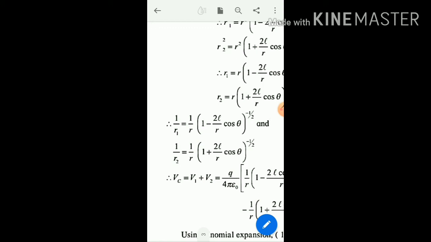The minus sign arises from taking the reciprocal of R1 and R2. In this way, we find the value of 1 upon R2 equal to 1 upon R into bracket 1 plus 2L cos theta upon R raised to minus 1 half.